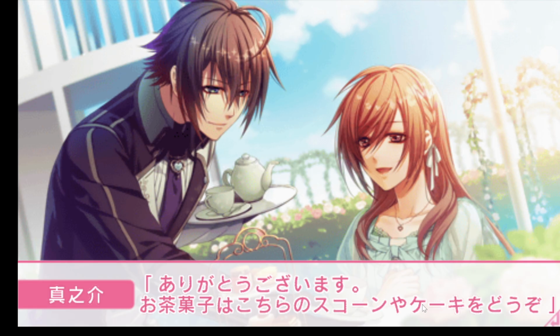Sukon ya keki o dozo. Dozo is like here, go ahead, or ready. And as you can see, it's still not a complete sentence. We're still lacking a verb. He's just mentioning the stuff.